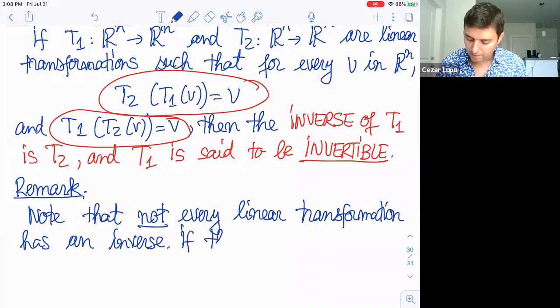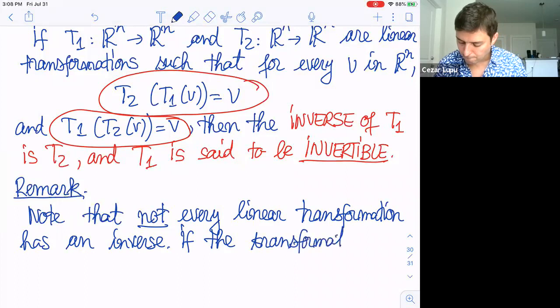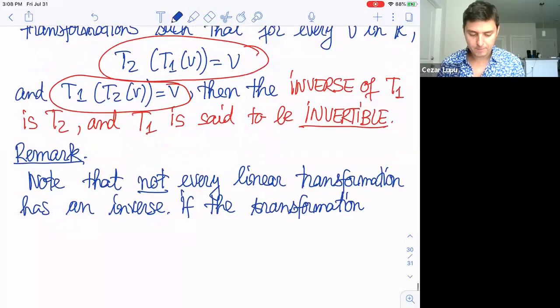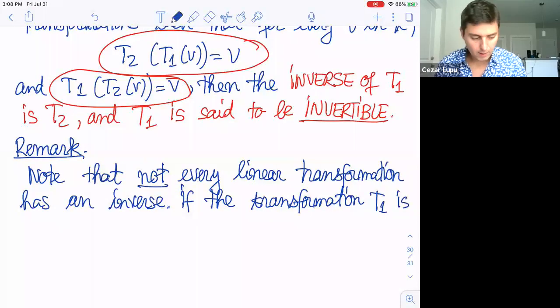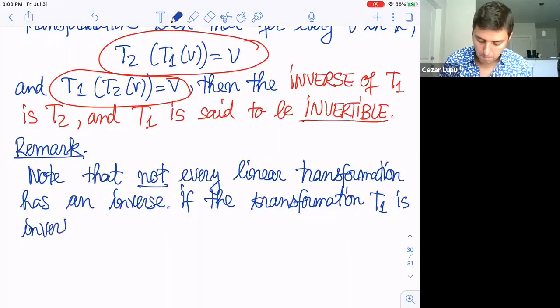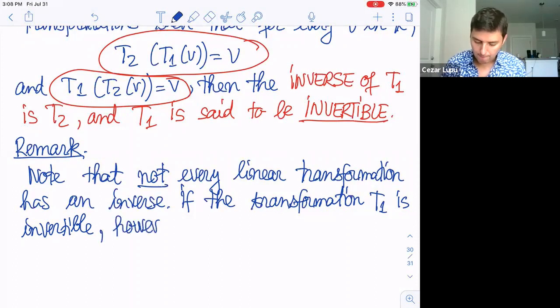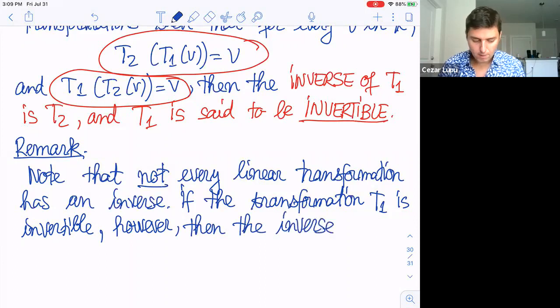If the transformation T1 is invertible, however, then the inverse is unique.